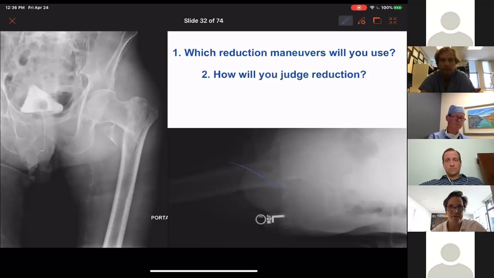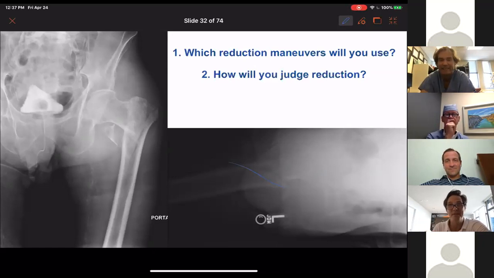But I think the reduction sequence is no different than what Thomas and Mike said. The one thing I will say is the number of times, and that's why I'm mesmerized by your talk thus far, Matt, the number of times that I do a pure closed reduction is quite small.